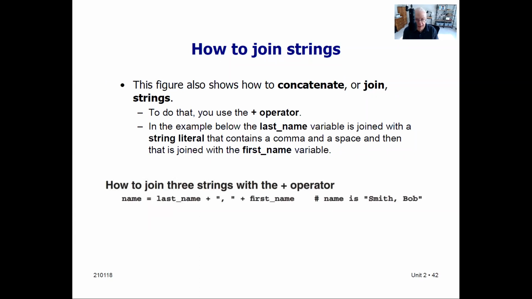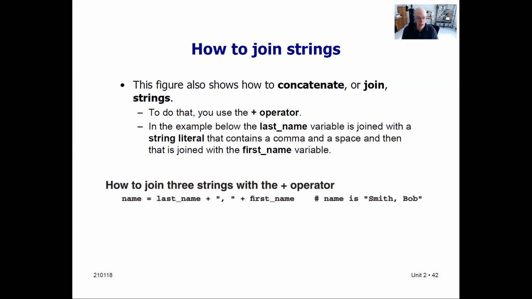Here's where it starts getting interesting. When we add concatenation, whew, that's a hard one to say, concatenate. Basically, when we join bits of data together into a string, okay, and this is cool. We use the plus sign operator for this purpose, and we can concatenate with a plus. We can do more than one thing with a plus sign, and this is one of the neat things we can do.